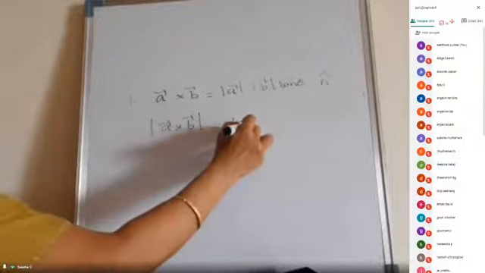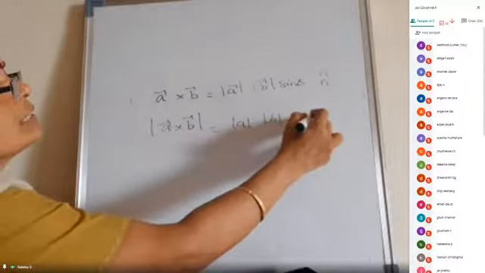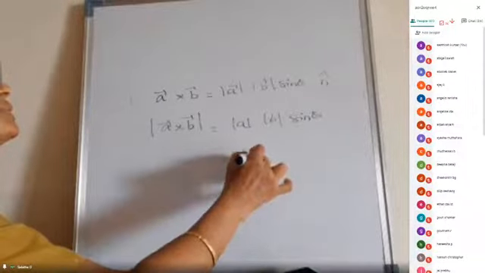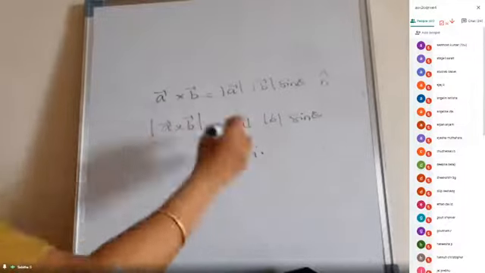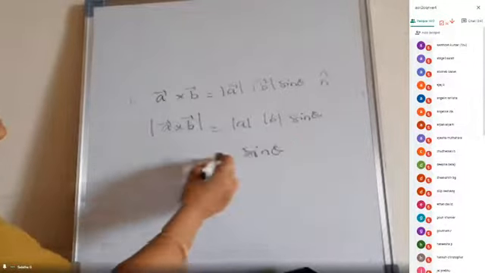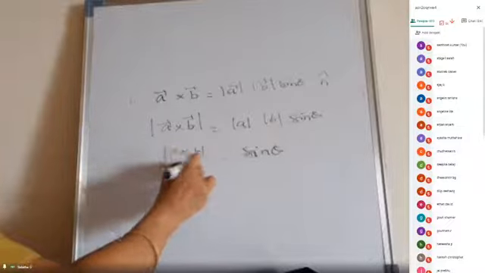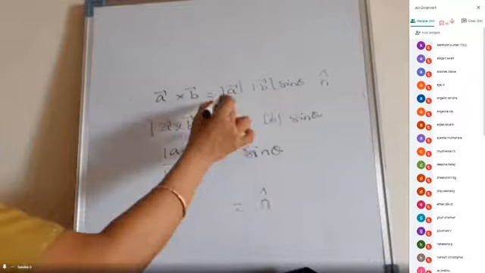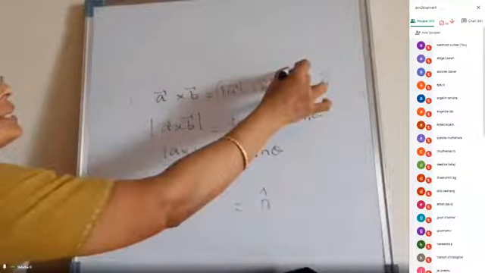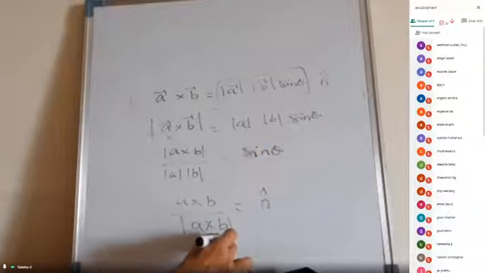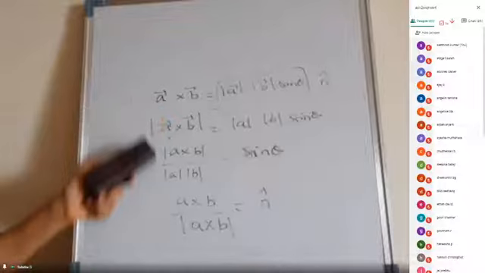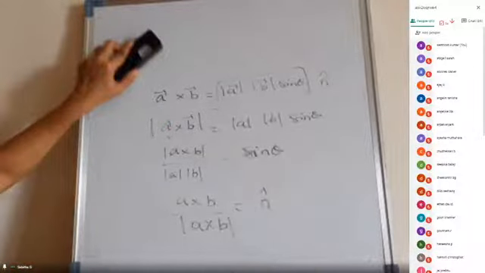Mod A, mod B, sin theta, and this n cap modulus disappears. So sin theta equals mod A cross B by mod A mod B. What about n cap, ma'am? n cap is A cross B by modulus A cross B. This is the first idea I gave you.